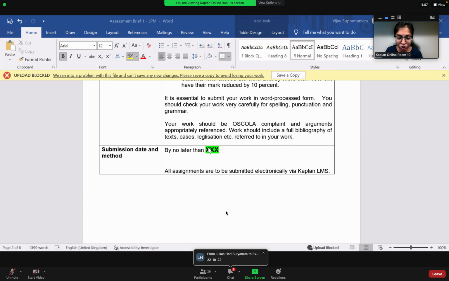So yours will be 22nd October, and you must submit this on Kaplan LMS as usual and stick to the date given in the timetable. On your Canvas, the time and the date given to you will be different. When it's different, it's because sometimes students will submit late, right? So don't follow the Canvas time, follow the time given to you by the Kaplan timetable, okay?